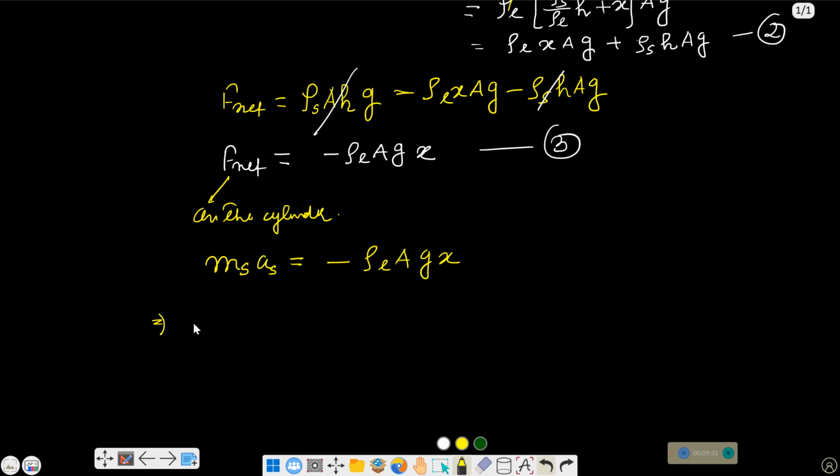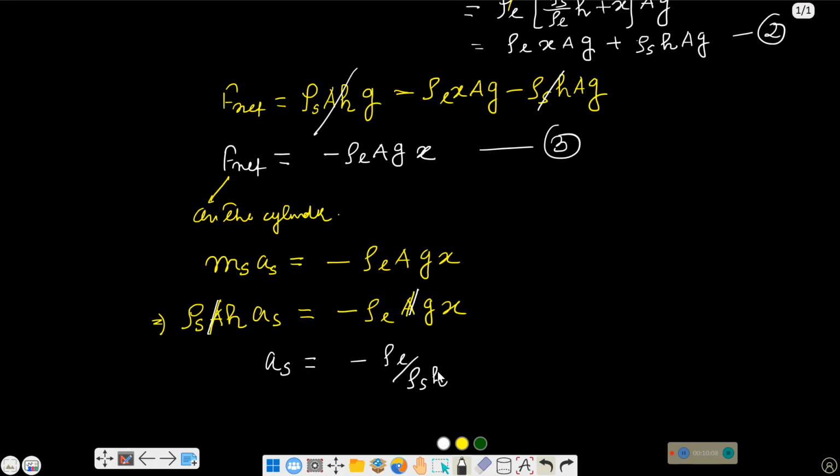Now the mass of the cylinder is density of the cylinder rho S, and volume of the cylinder is A into H, into acceleration of the cylinder, equal to minus rho L A G X. Okay, now A got cancelled out, then we are left with a equal to minus rho L g by rho S into h, into x.